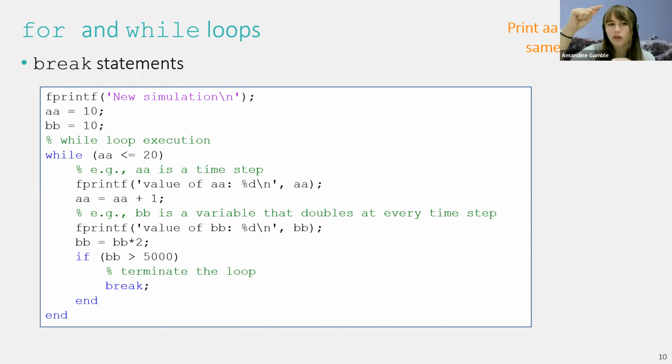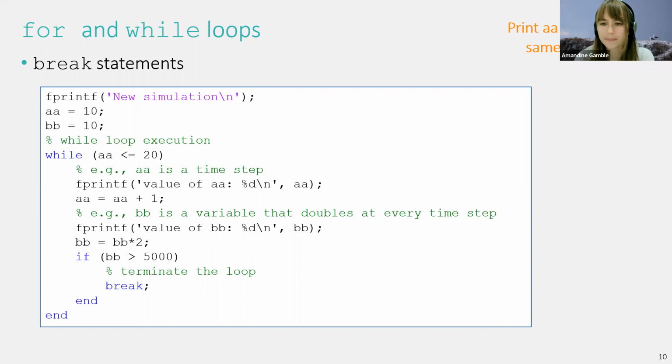He didn't put the definition of AA and BB before, but I assume that's just because they were already written in his script. But don't forget when you put a while loop to always declare your index variable before you start running the loop.